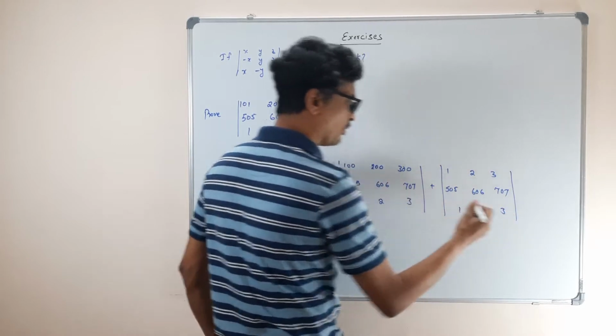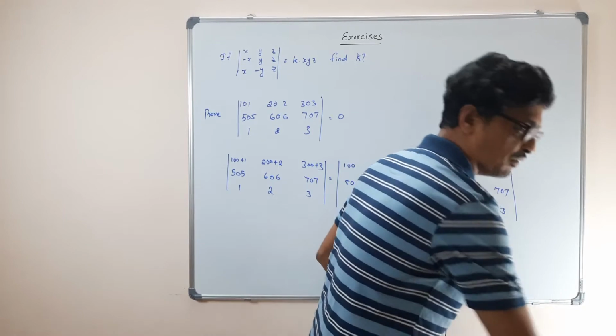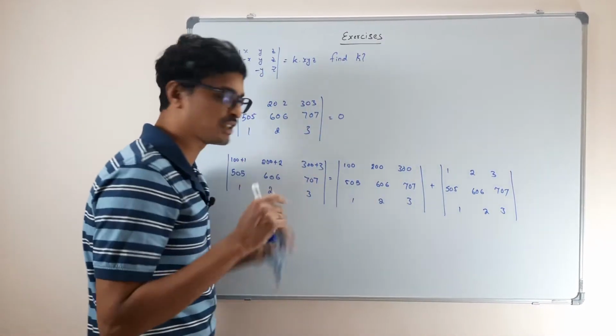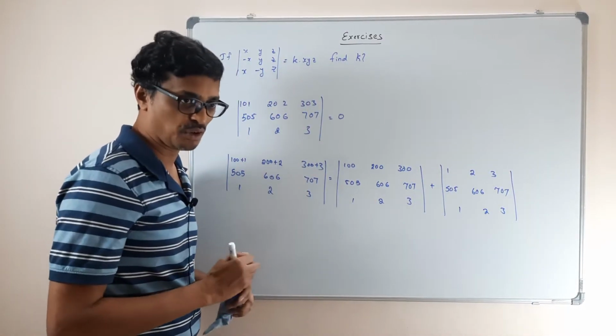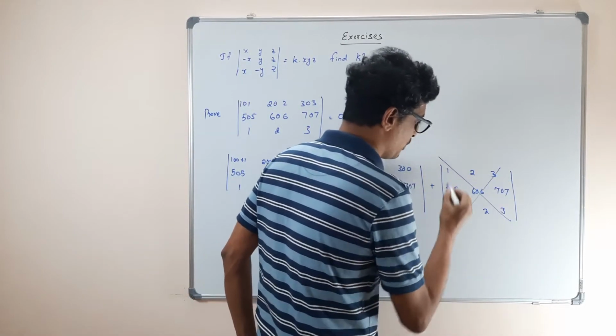Do you know what the value of the second determinant is? 0. Why? Two rows are the same. Whenever any two rows are the same, the determinant becomes 0. So naturally this becomes 0.